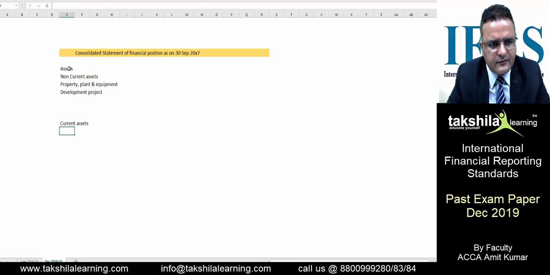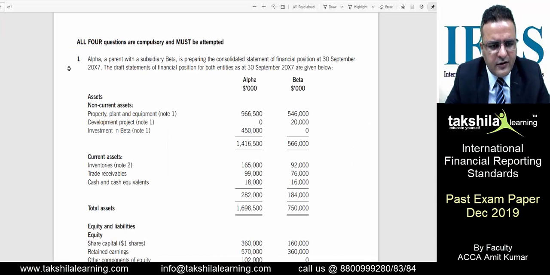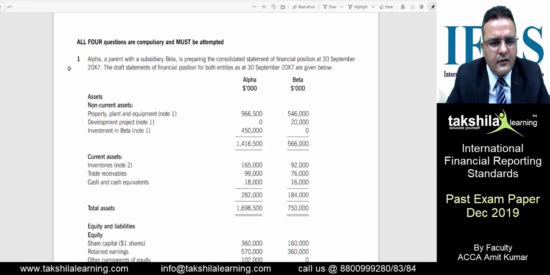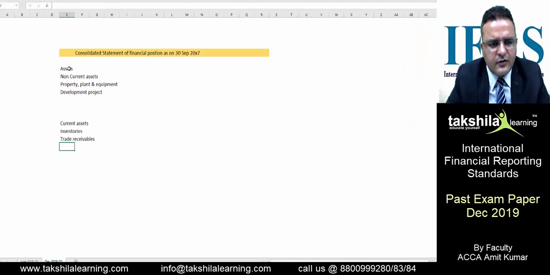Current assets. There is inventories. In inventories, there is unrealized profit from intra-group trading. Then trade receivables, cash and cash equivalents.